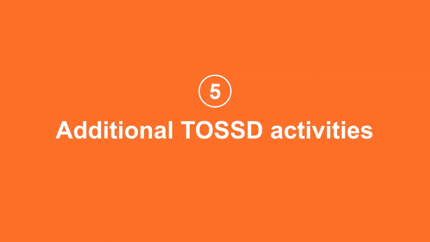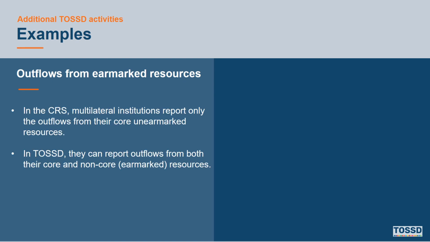This section presents the types of additional activities that are not reportable in the CRS, but that you could report in TOSSD. There are two main categories of additional activities or expenditures that can be reported in TOSSD. First, there are the outflows from earmarked resources. In the CRS, multilateral institutions report only the outflows from their core or unearmarked resources.